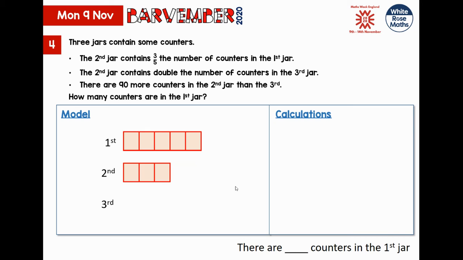Now, those are equal parts. We've got 8 equal parts here, so that should be really giving us a clue. Now, let's have a look at what happens here, because this is about the third jar. The third jar is saying that the second jar is double the number of counters in the third jar, which means that the third jar, opposite of double, is going to be half what's in the second jar.